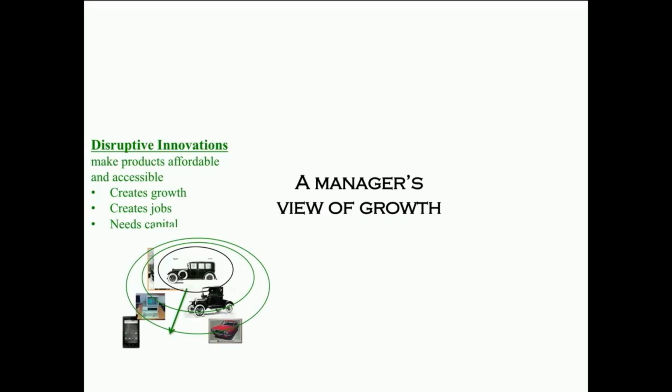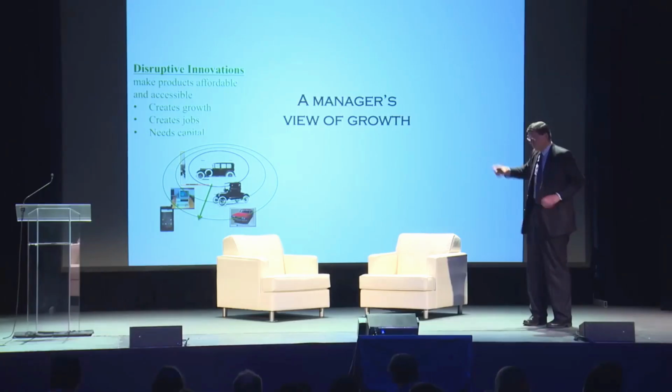And then when Toyota came in the 1960s with a little subcompact car they called a Corona, it enabled the rebar of humanity. People we call college students could have a car. And so this kind of innovation has a role in our companies and in our society, and that is, this is the innovation that creates growth.